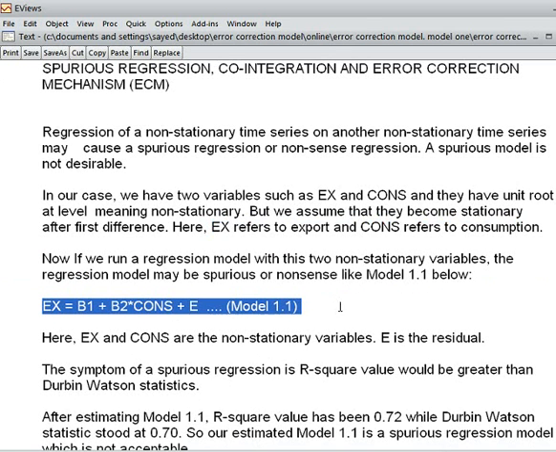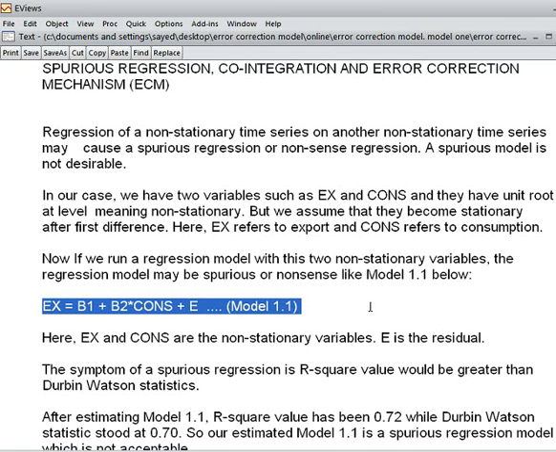That means model 1.1 can be spurious because ex and cons both are non-stationary.